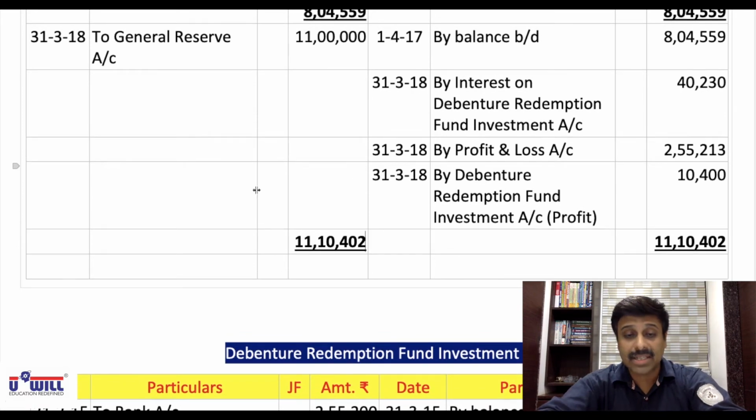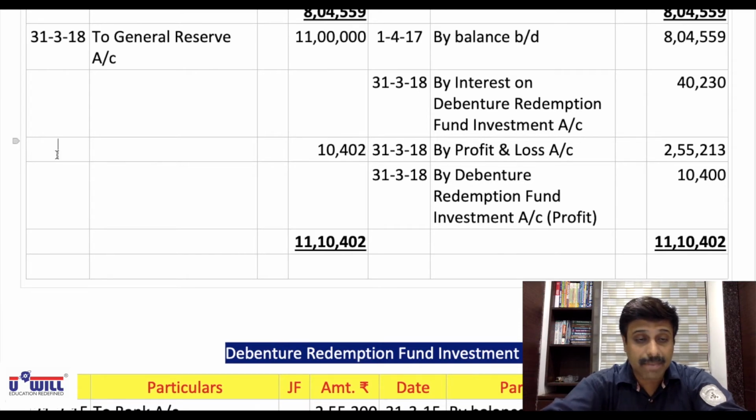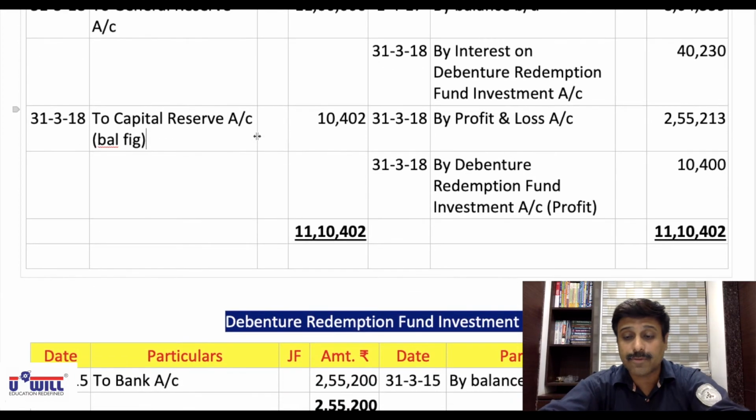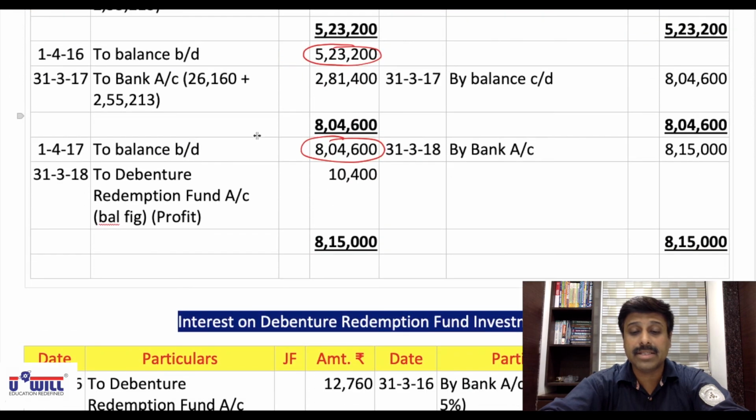So the balance of 10,402 is our capital profit that we will transfer to capital reserve. To capital reserve account, in bracket balancing figure. Whatever balancing figure remains, 10,402, will go to capital reserve account.